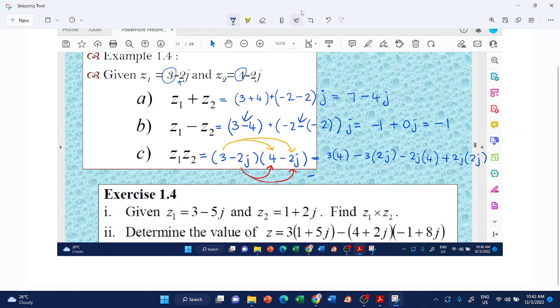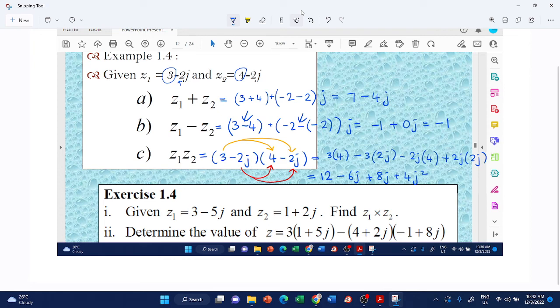So sekarang kita simplify. 3 times 4 12. Then here negative 6j. Then we have 8j. 2j times 2j kita dapat 4j power 2.